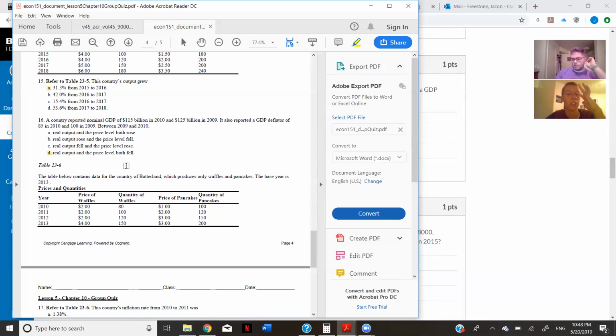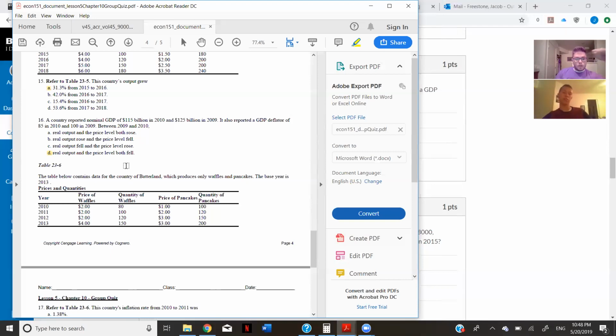But why did you put that real output rose? I don't remember why I put that. So let's tentatively say D.